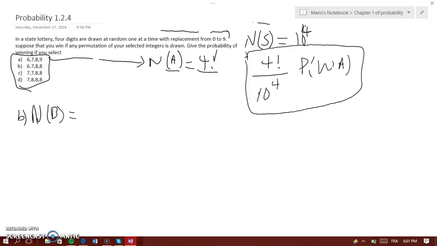We still have that 4 factorial, because we got 4 digits in each of them. But in B, it's slightly different, because this time you have 1 6.